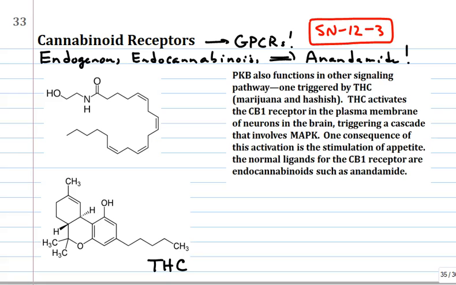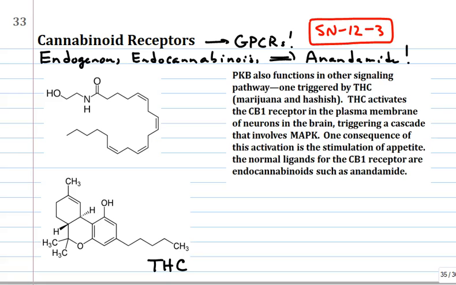And so what the supplementary notes will talk to you about is that there are certain enzymes called fatty acid amide hydrolases that degrade anandamide. And depending upon the genetic lottery in which you either won or didn't win, you may have more or less anandamide around, and that is believed to affect your overall general mood.